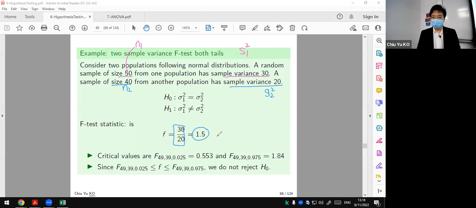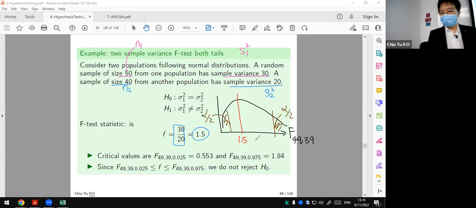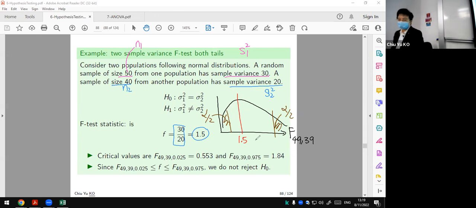So what is difficult here? This is very simple, because it's basically just the F here. The degrees of freedom are 49 and 39, and the distribution looks like this one. What we have is somewhere around 1.5. We put alpha over 2 here and alpha over 2 here, and we want to see whether the red one belongs in this brown region or not.